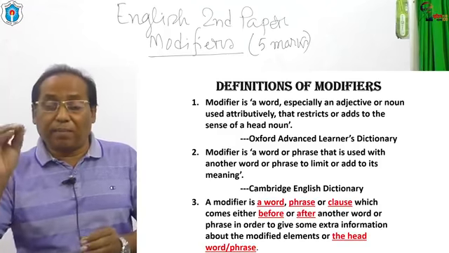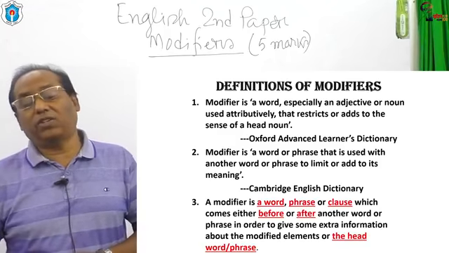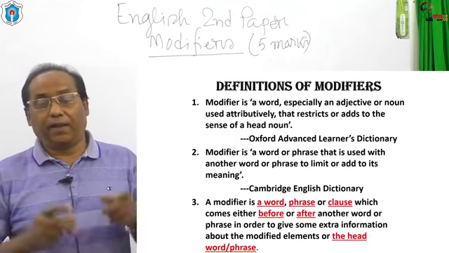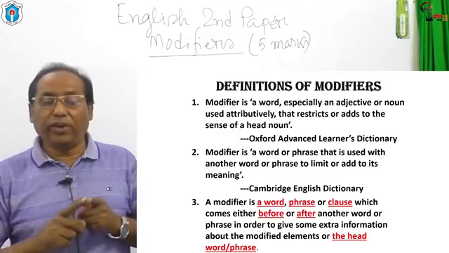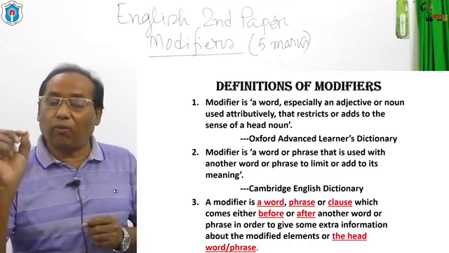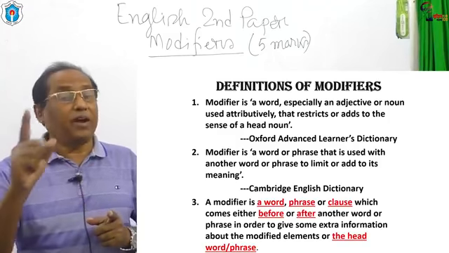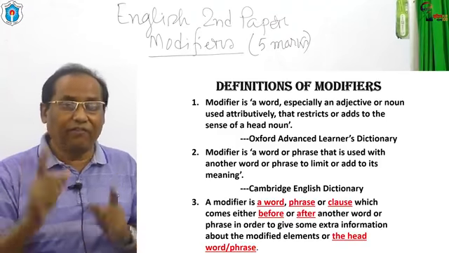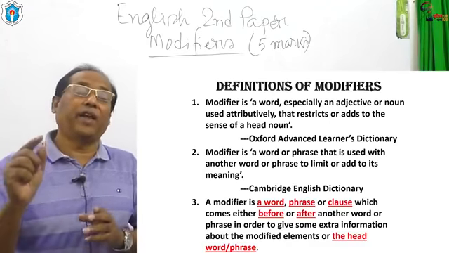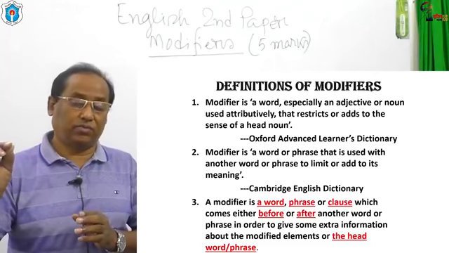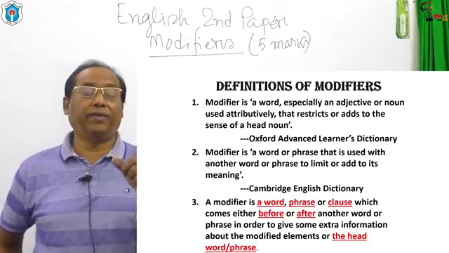And this is the complete definition of modifier. In fact, modifier is not only a word, it may be also a phrase. Even a modifier can be a clause. All right, keep in mind.